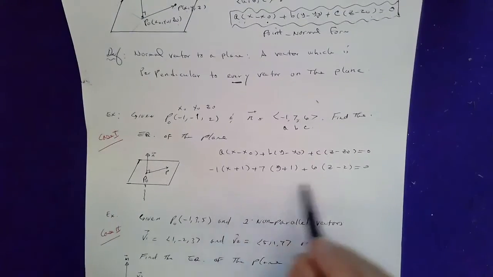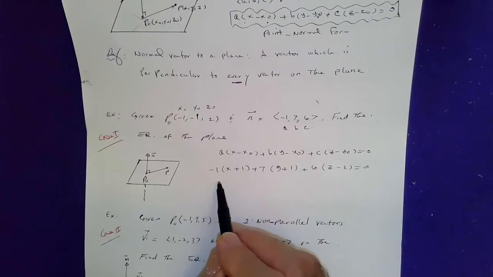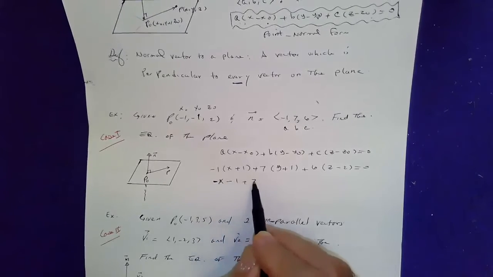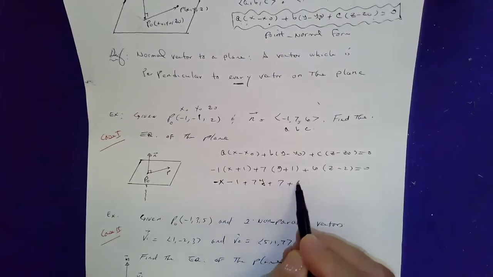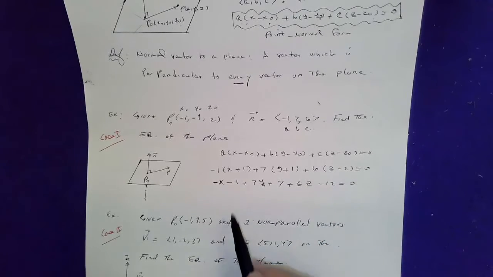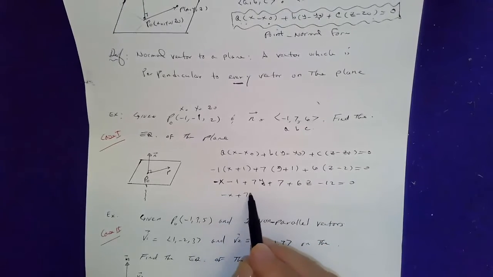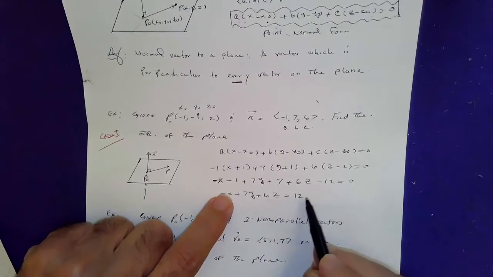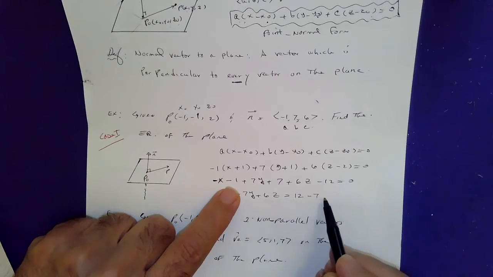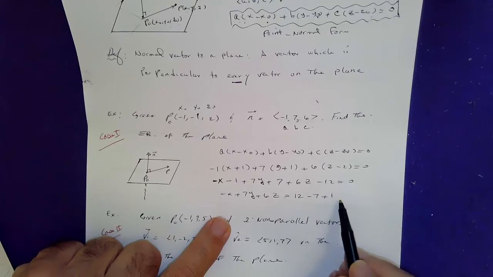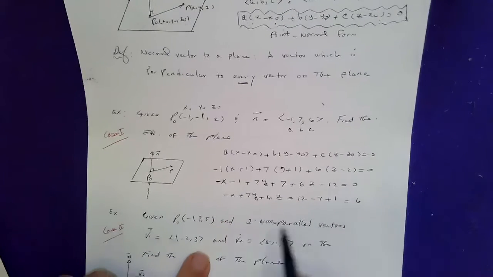So now if you distribute these coefficients and remove the parentheses, you get negative x minus 1 plus 7y minus 7 plus 6z minus 12 is equal to 0. So now this is the same as negative x plus 7y plus 6z is equal to 12, and that's plus 7, that's plus 1. So that would be like what, 6, is it?